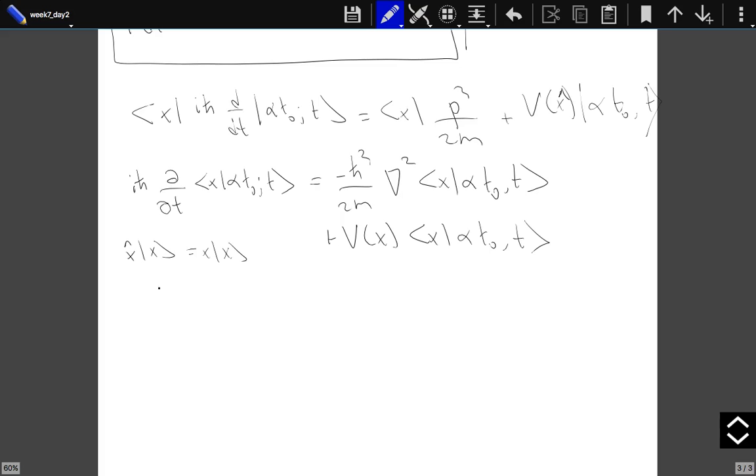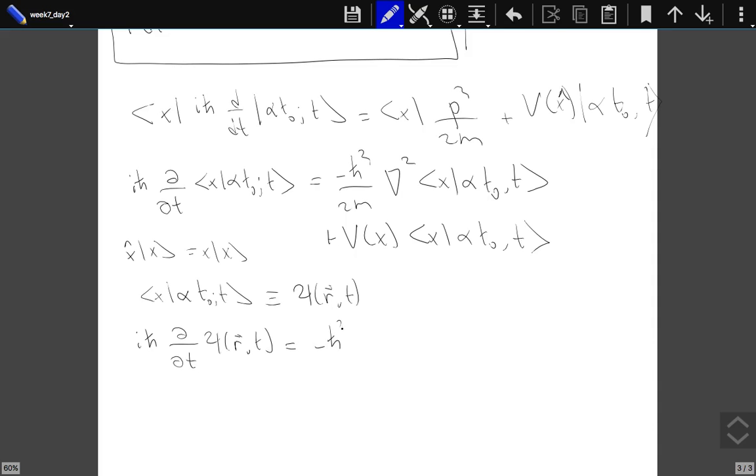And if we just denote this inner product as my wave function, let me use the three-dimensional notation from now on. So we have this Schrödinger equation, I h bar del by del t of psi of r and t, since it also depends on time t.